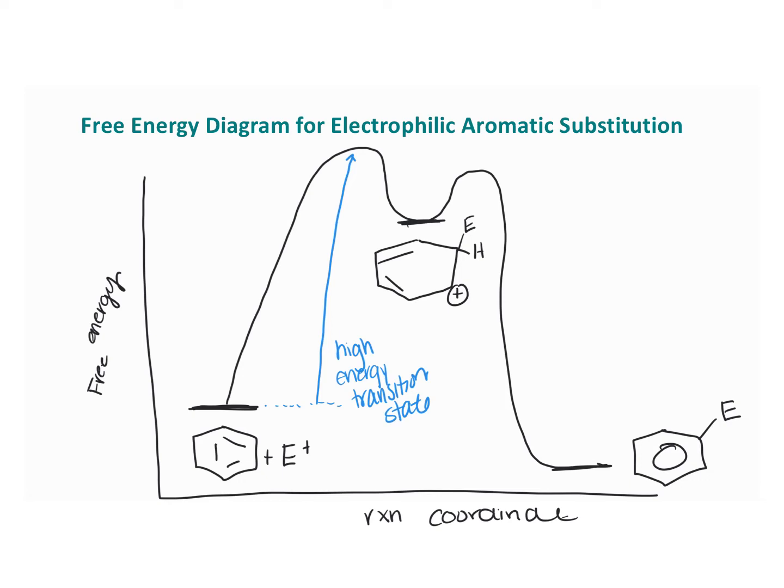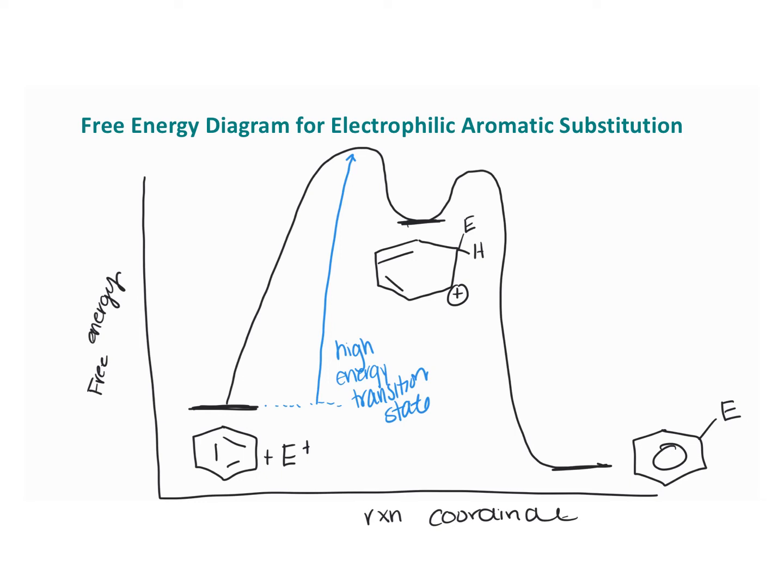So, given the loss of aromaticity and the formation of a carbocation in step 1, you might wonder why an electrophilic aromatic substitution takes place at all. And basically, the arenium ion intermediate, because it's stabilized by resonance delocalization of that positive charge, is more stable than it otherwise would be.